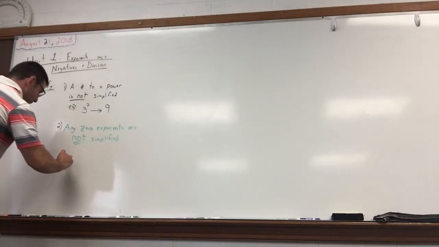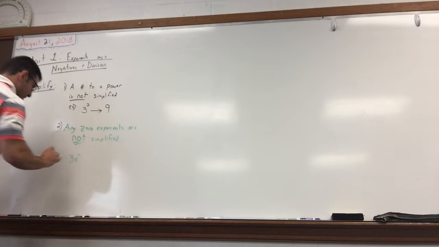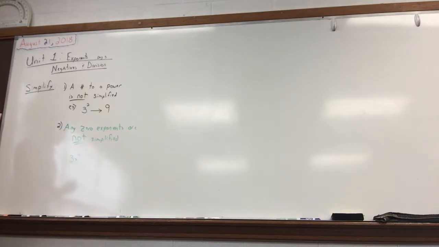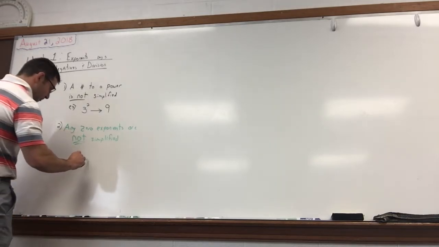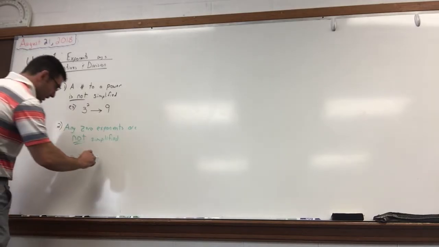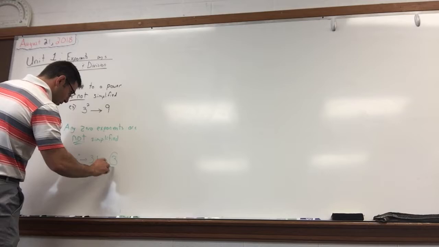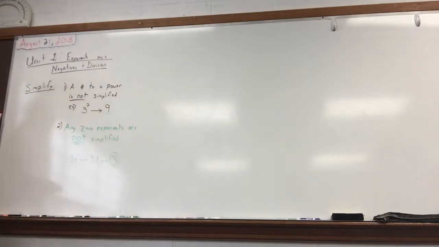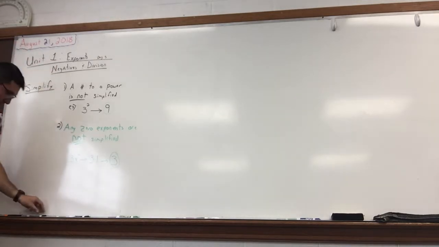So if you give me 3x to the 0 as an answer, that's not right because it's really 3 times 1, which is really 3. Okay, so far, we know we have to simplify the power, or a number to a power. We know we have to simplify the zeros.